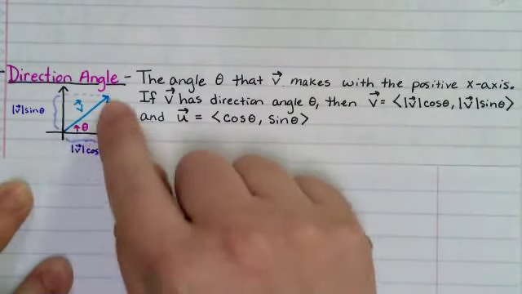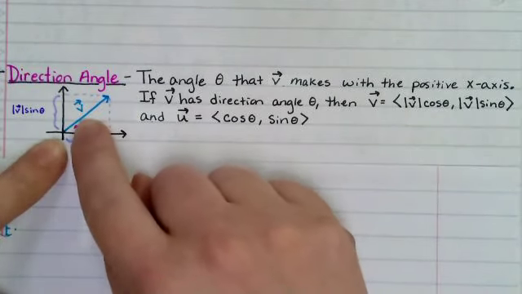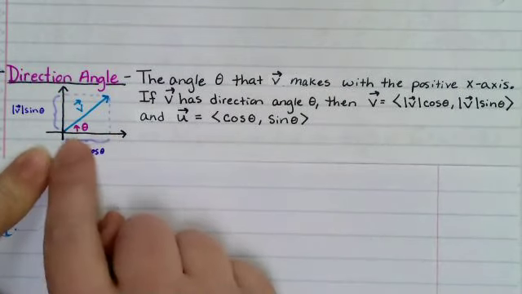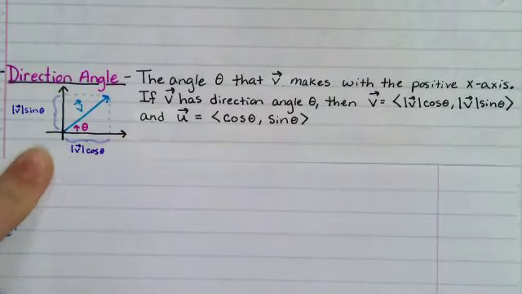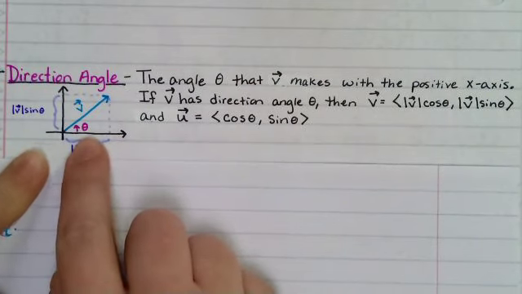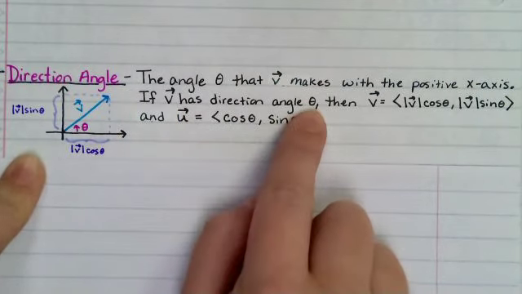If this is my vector, and I'm looking at this angle theta, the angle theta that V makes with the positive x-axis, where have we seen that before? We have definitely seen that pattern, making that angle with the positive x-axis, all throughout the unit circle and trig stuff.